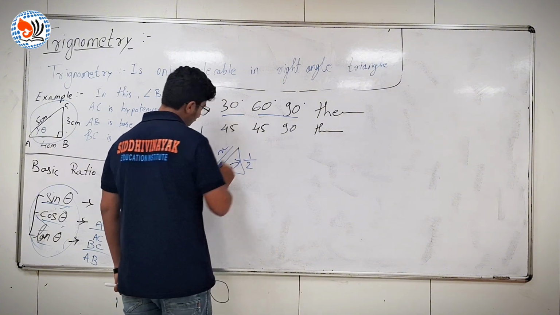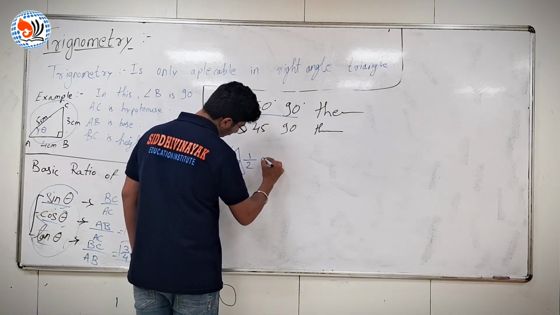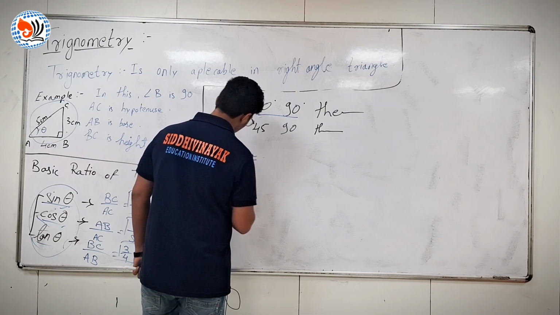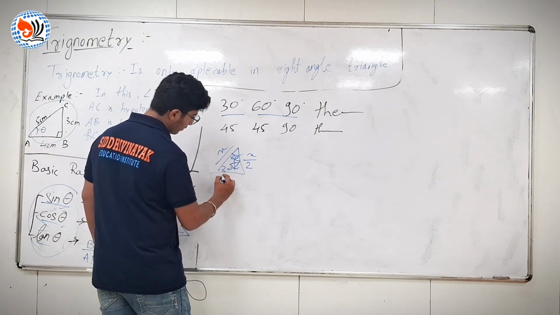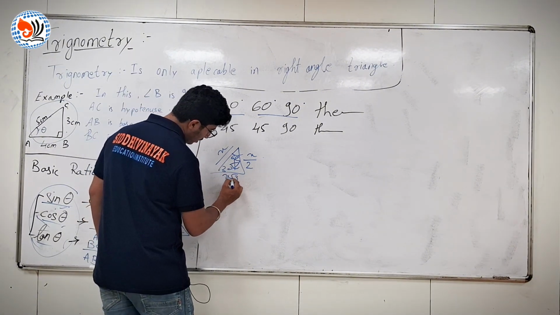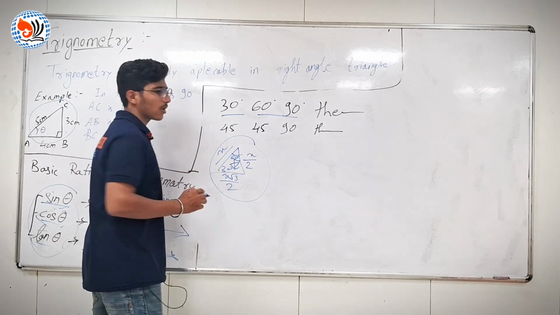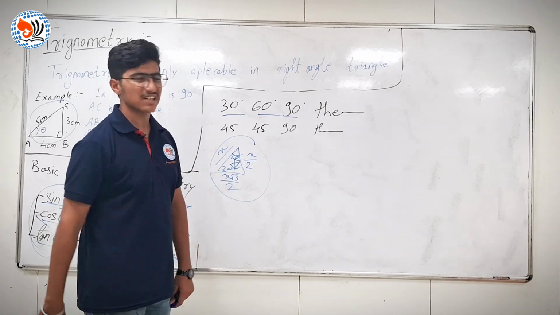Suppose I take the hypotenuse as x, so the opposite side will be half x, means x divided by 2, and the side against 60 degree will be x root 3 by 2. Now this equation we had already measured in the previous question.